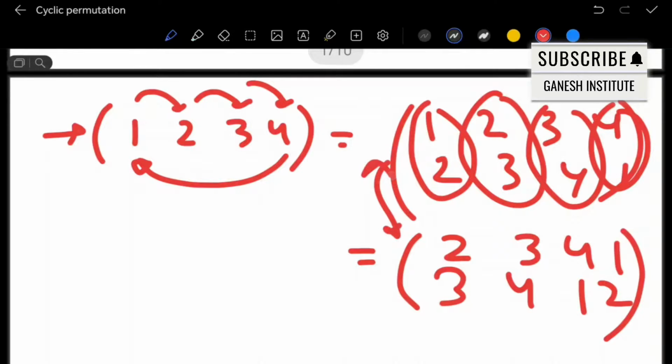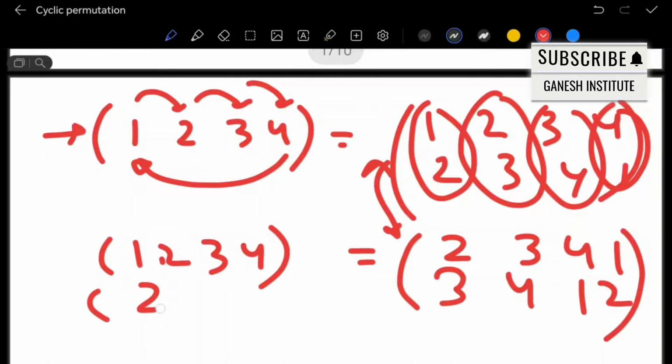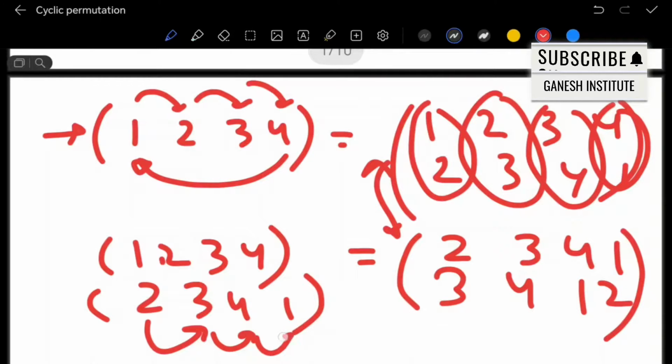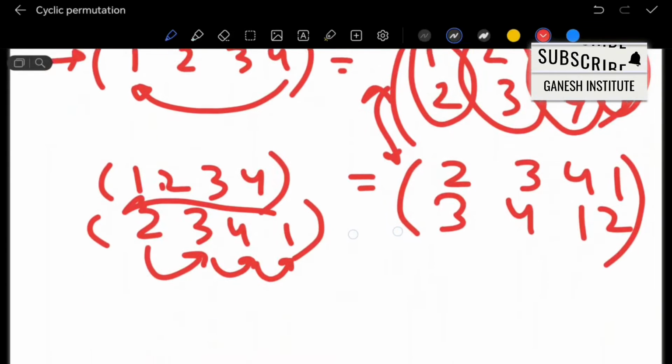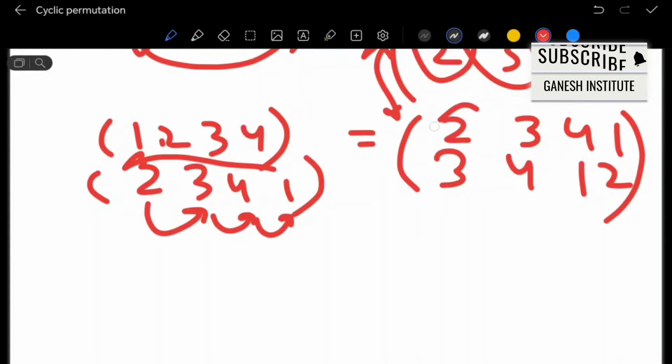Isn't it the same thing? Yes. So it can be written as (1 2 3 4) or (2 3 4 1). The corollary is that a cycle does not change by changing the places of the elements, but you have to change them all together.